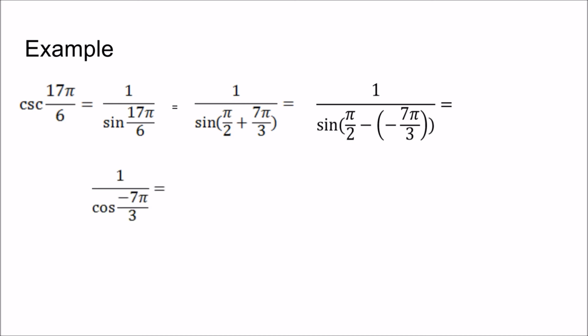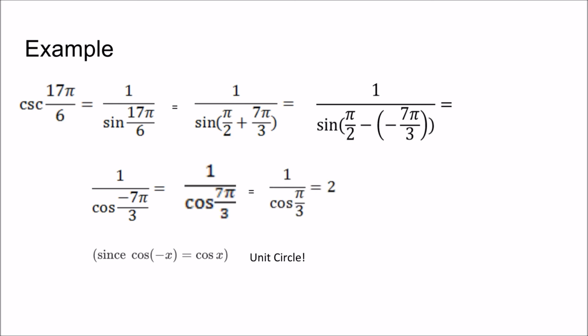Now, because sine and cosine are in a cofunction relationship, we can rewrite this as 1 over cosine of negative 7 pi over 3. And because cosine is an even function, and cosine of negative x is equal to cosine x, it can be rewritten as 1 over cosine of 7 pi over 3. Because we know that in the unit circle, angles 2 pi apart have the same values, it can be rewritten as 1 over cosine of pi over 3, and that is equal to 2.